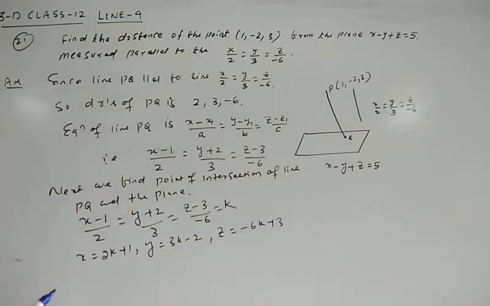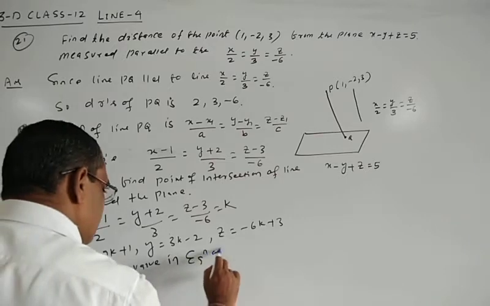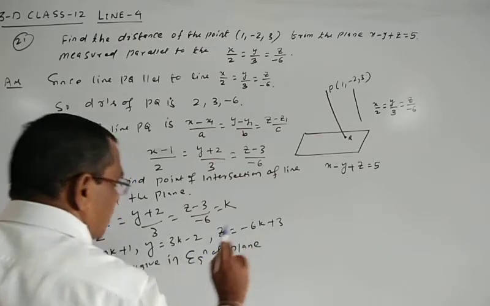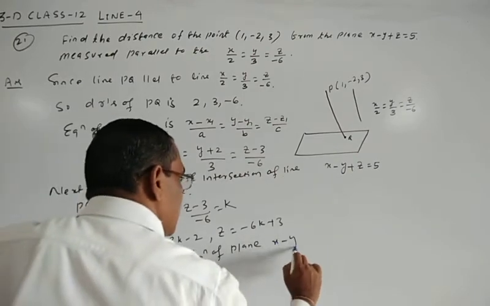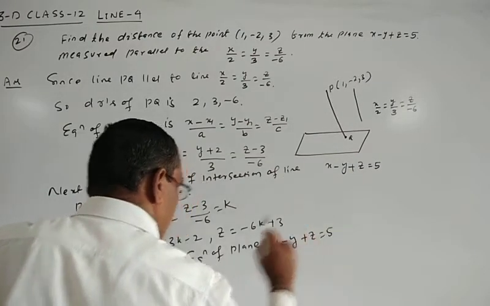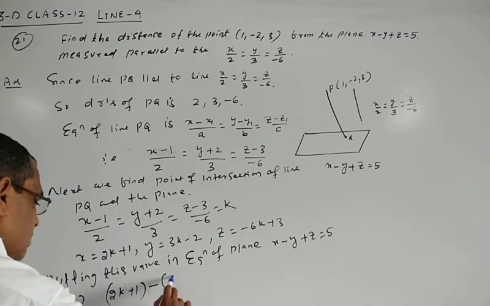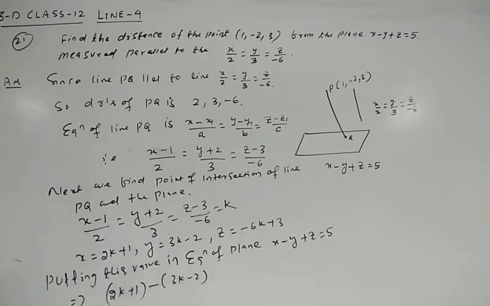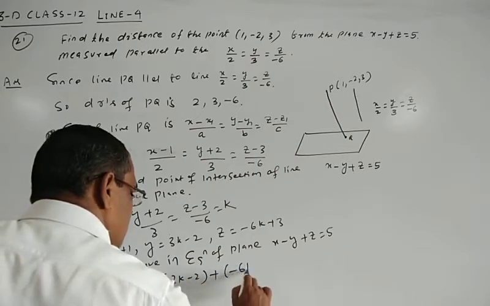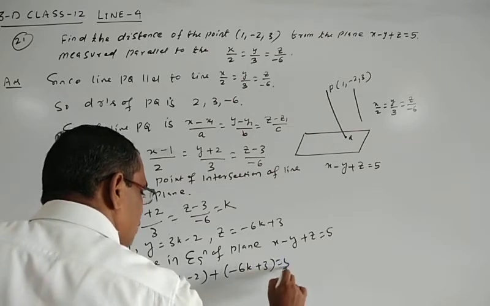Putting the values of x, y, z in the given equation of the plane, x minus y plus z is equal to 5. That implies 2k plus 1 minus 3k minus 2 plus minus 6k plus 3 is equal to 5.